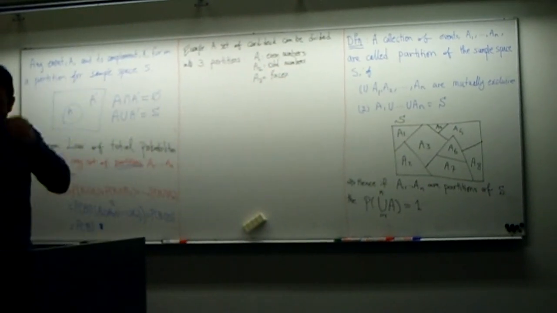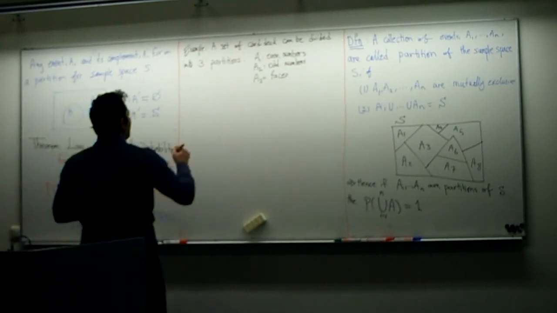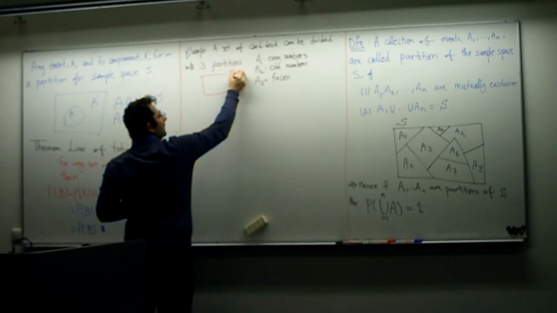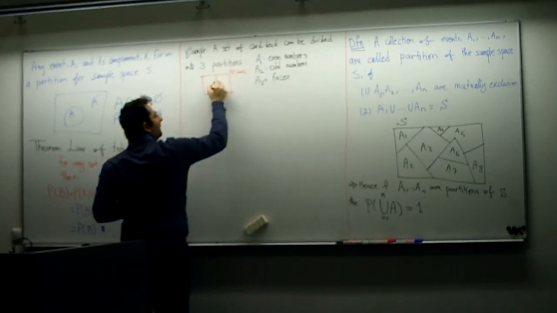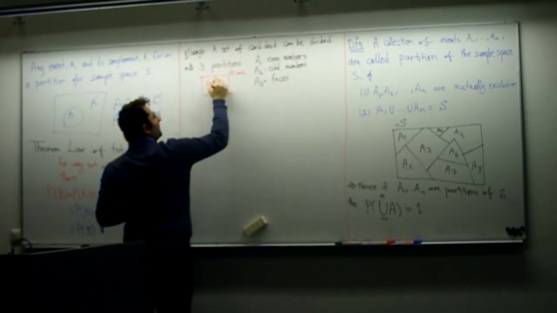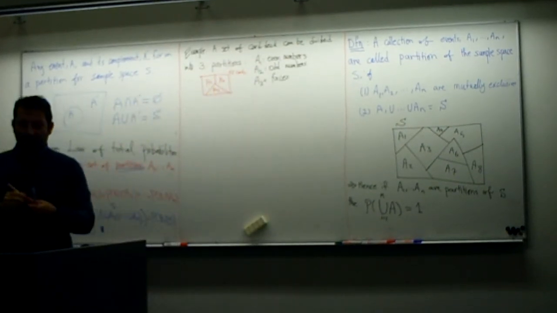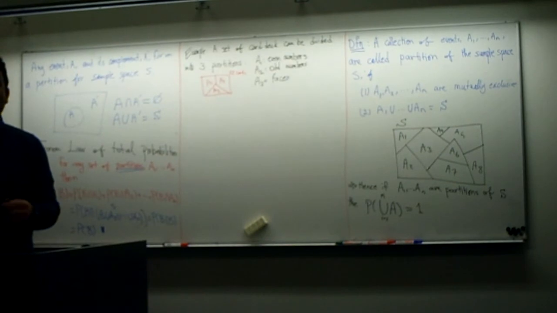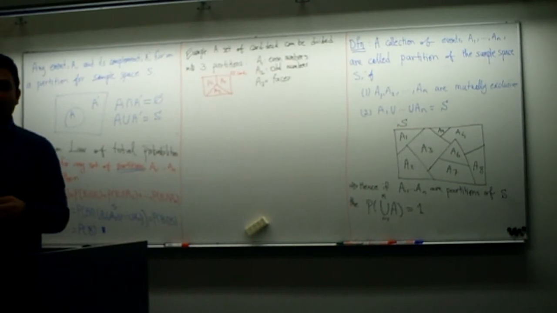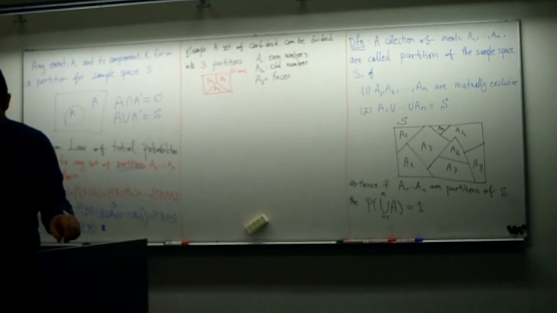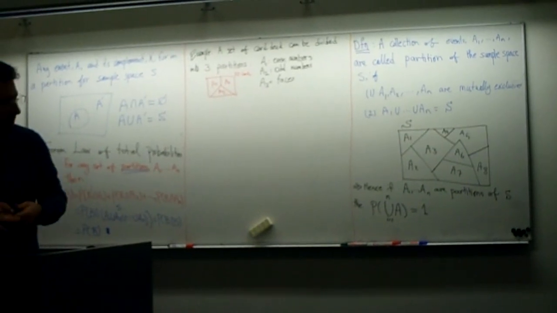So if I have the set of the cards, which are 52 cards, I can divide them into A1, A2, A3. If a card that I pick is an even number, it cannot be a face, it cannot be an odd number. If it is an odd number, it cannot be a face, it cannot be an even number, and so on.